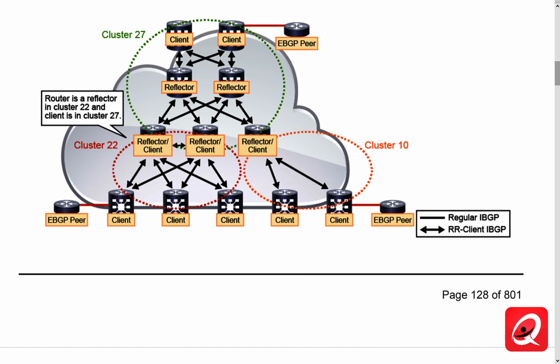It happens to be in cluster 22 that we have a redundant route reflector configuration, and in cluster 10 we have a single route reflector configuration, and then in cluster 27 we have a redundant route reflector configuration. You could see how this would be beneficial because we're now able to pass information from one cluster to another. But again, we have to be very cognizant of information being looped around or created, and that's where the cluster ID and cluster information that I talked about previously comes into play.